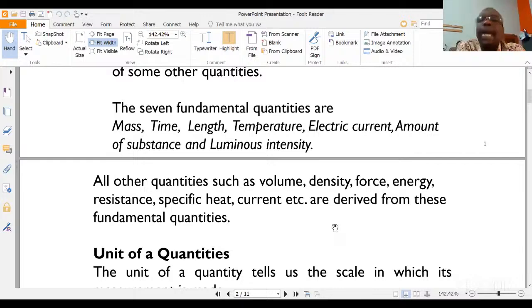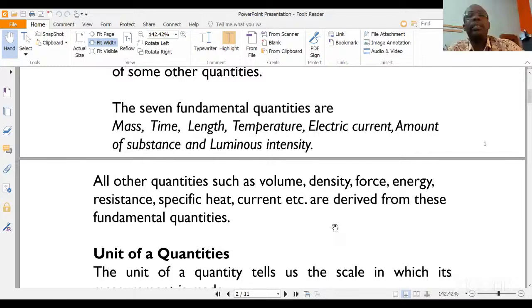Let's take number 1, volume. If you look at volume, by definition, volume is length in 3 places. You use length to multiply length to get volume.